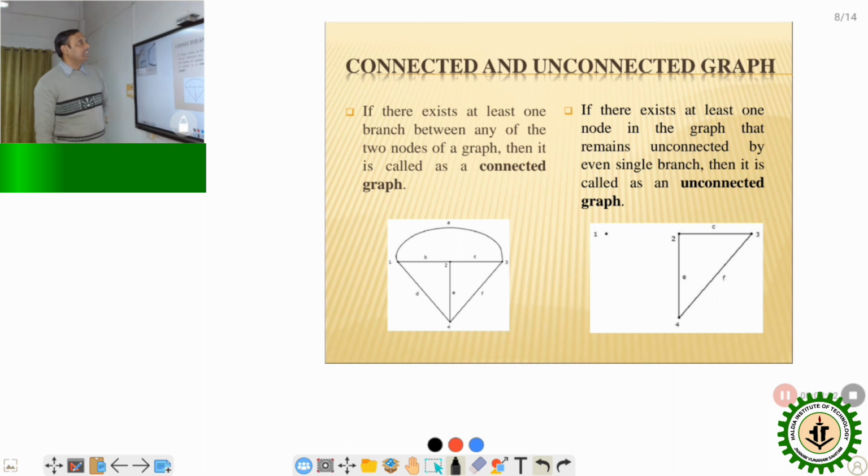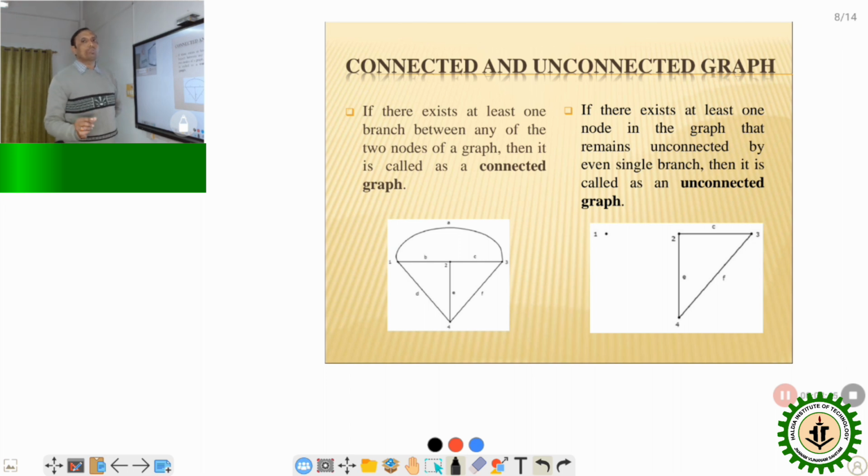This is the connected and unconnected graph definition. What is a connected graph? If there exists at least one branch between any two nodes of a graph, then it is called a connected graph.